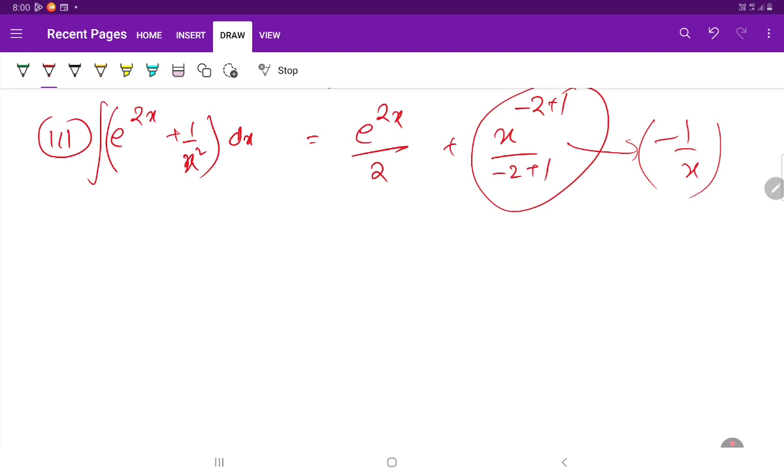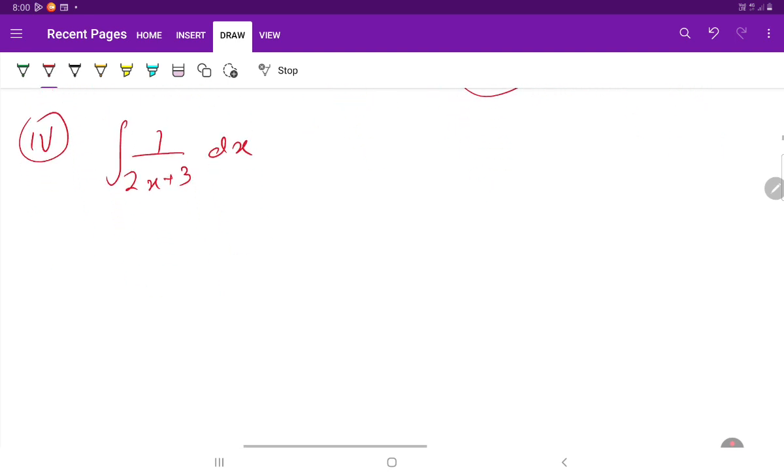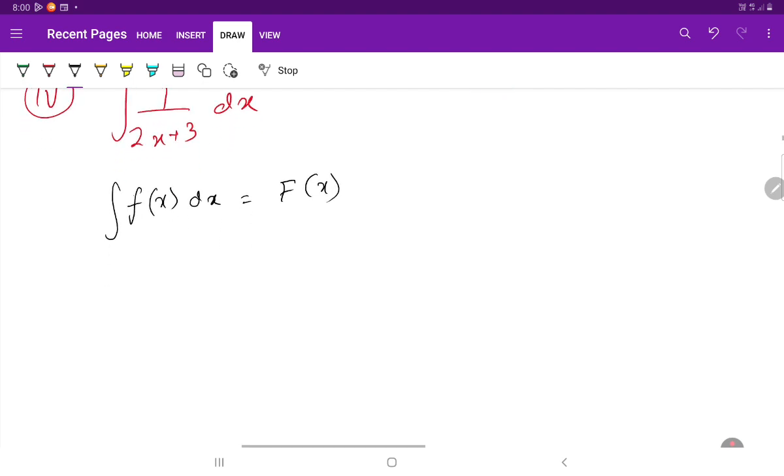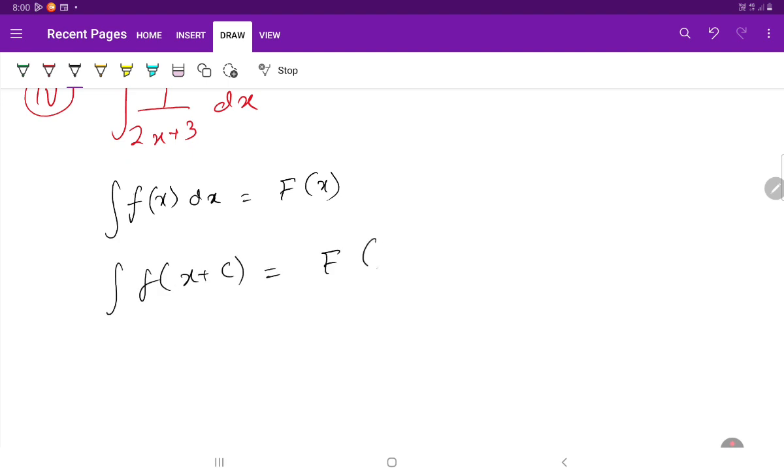Now coming to the fourth problem. This fourth problem is another interesting one. You have to integrate 1 by 2x plus 3 with respect to dx. One thing I must tell you about this problem: if the integration of f of x dx is given as capital F of x, then integration of f of x plus c is written as capital F of x plus c.